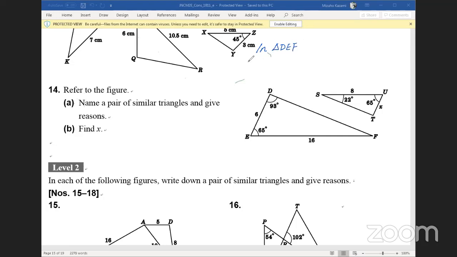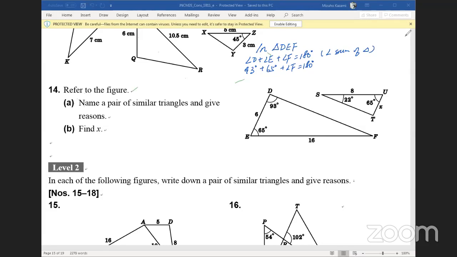Angle D plus angle E plus angle F equals 180 degrees. It means 93 degrees plus 65 degrees plus angle F equals 180 degrees, and then write down the reason, angle sum of triangle.